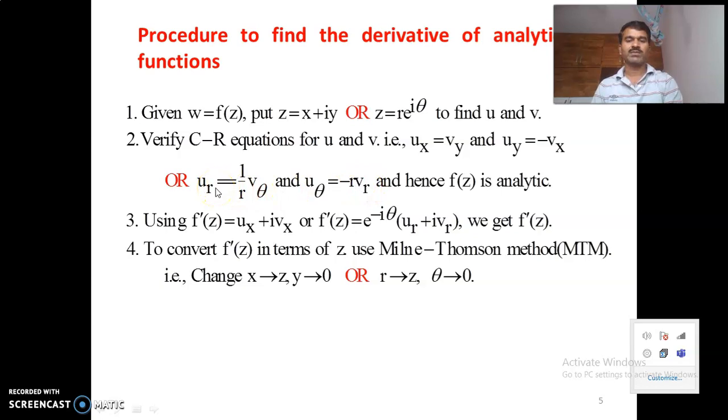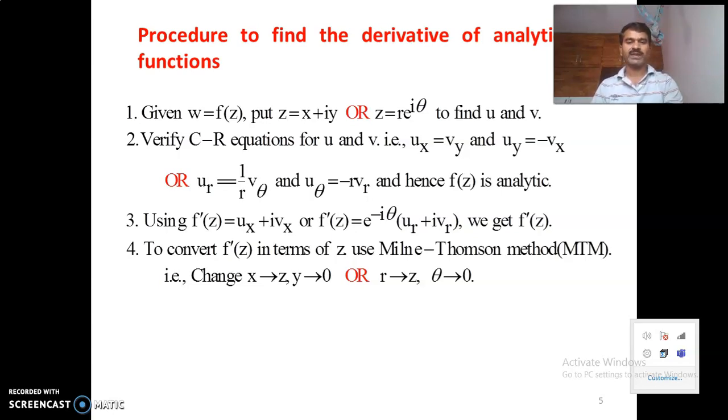Ur is nothing but dou u by dou r, and v theta is dou v by dou theta, and u theta is dou u by dou theta, vr is dou v by dou r. Here also ux is dou u by dou x and vy is dou v by dou y, and uy is nothing but dou u by dou y, which equals minus dou v by dou x.